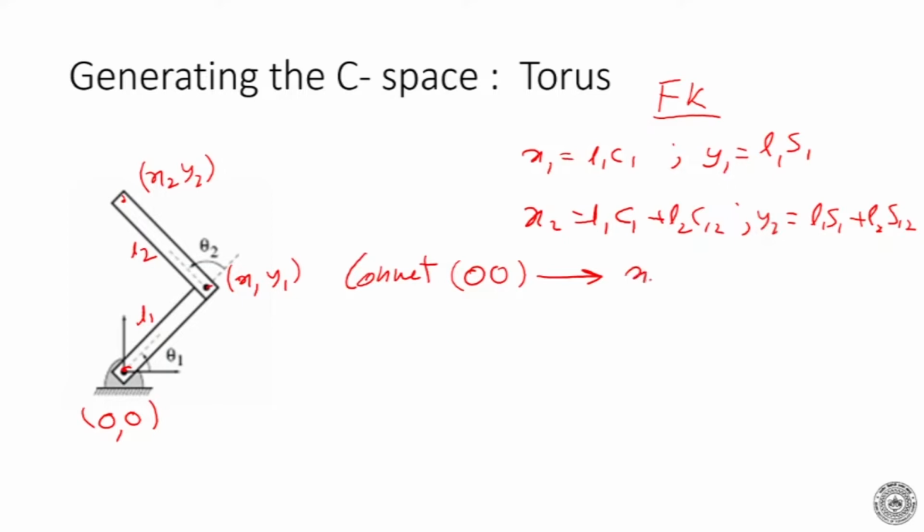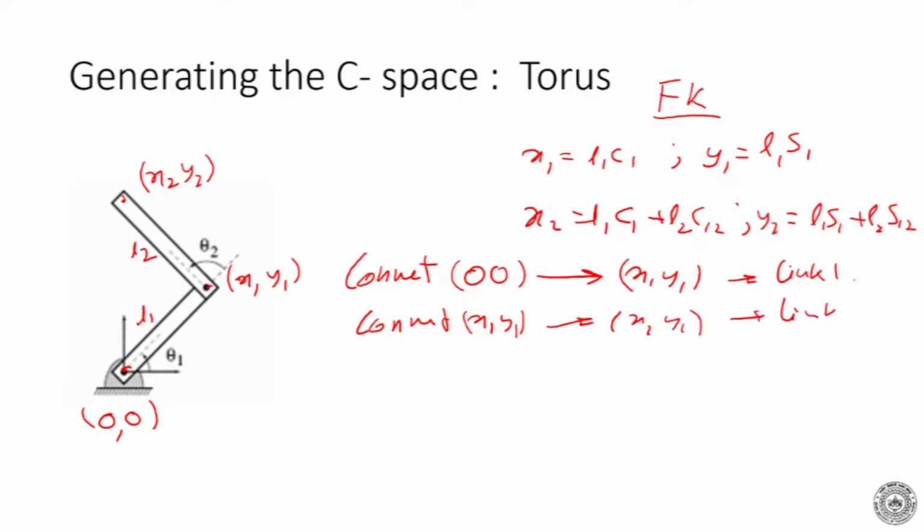So if I connect 0, 0 with x1, y1, this is actually my link 1, right? And if I connect x1, y1 with x2, y2, this is my link 2, right? Now, if there is an obstacle there, let's say I have an obstacle here, like this.